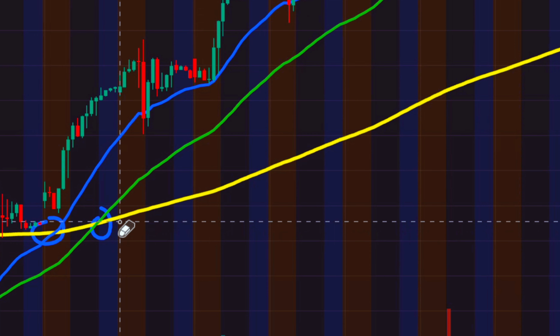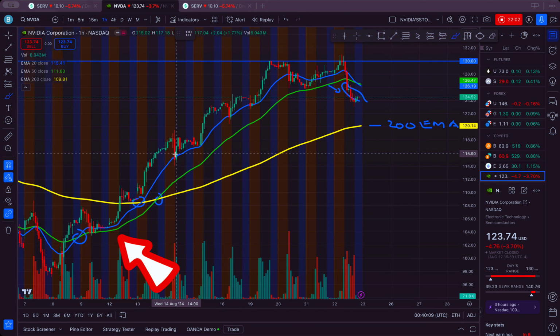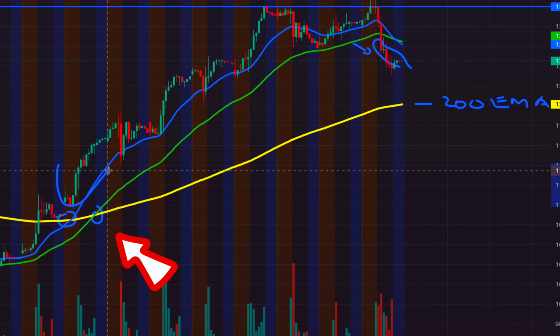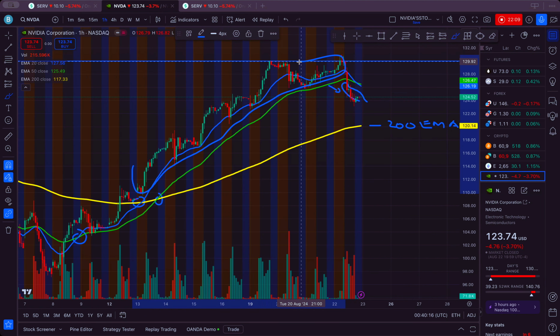That's the reason why this indicates a major shift in market sentiment. And look what happened here. Look at this bullish market that we have seen after that happened. Okay, so this is very important.